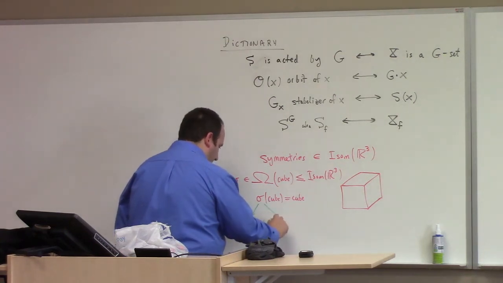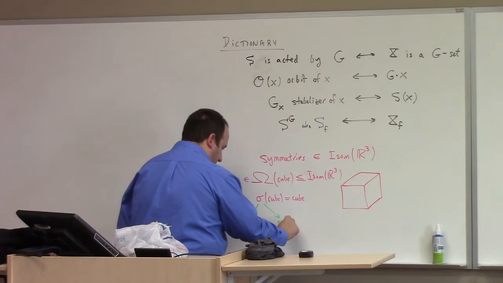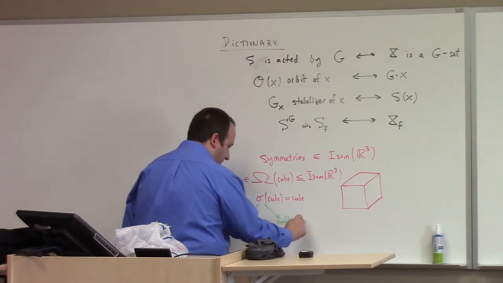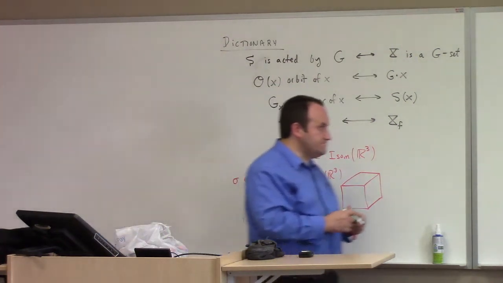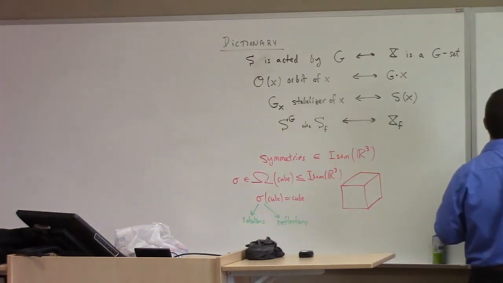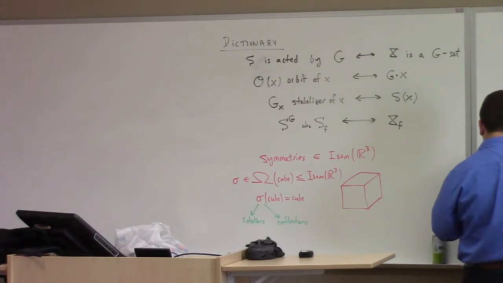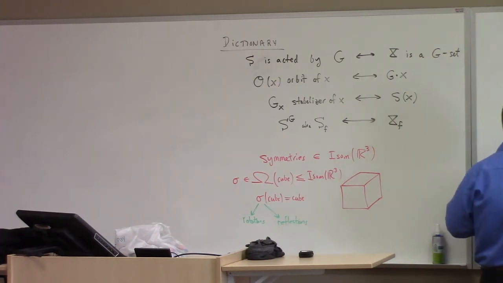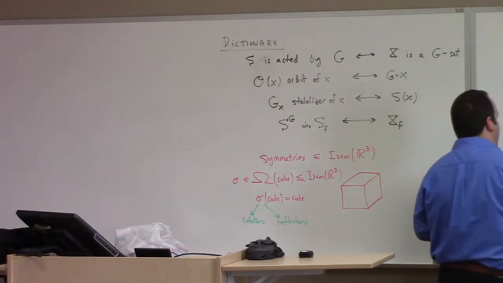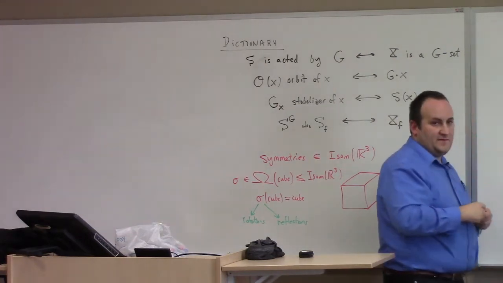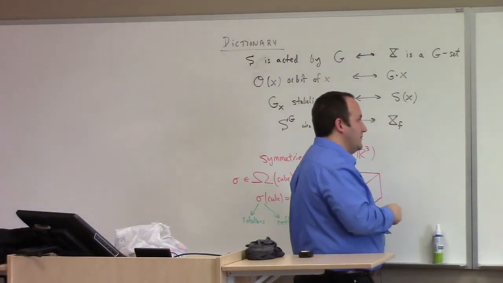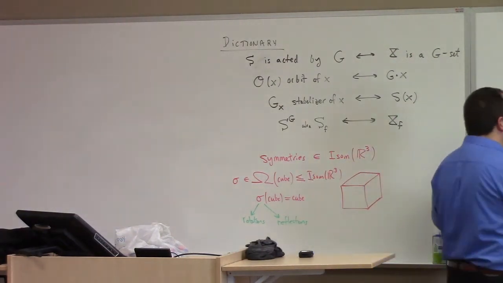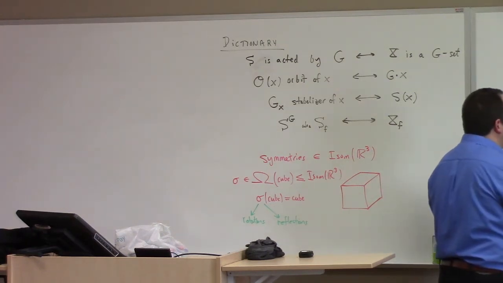The thing that was blowing my mind is I couldn't envision the reflections. So it's obvious to me that that front green face is fixed by the rotations, right? But what was not obvious to me was that there was another isometry that fixes the cube.